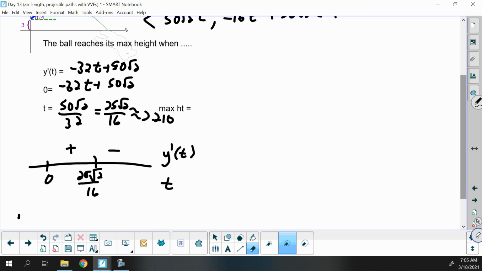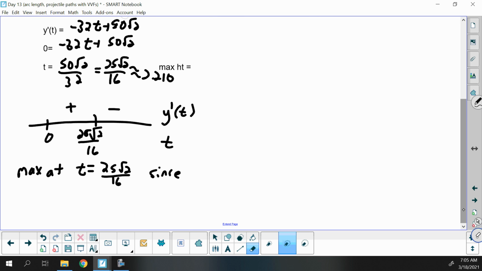So we can say there is a max at t equals 25 square root of 2 over 16, since y prime of t switches from positive to negative.